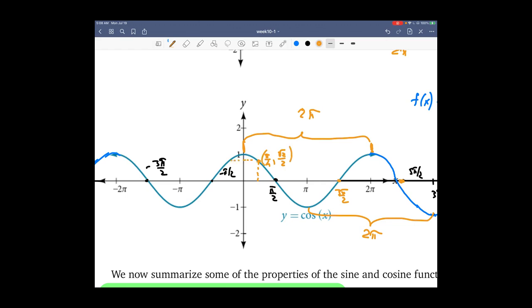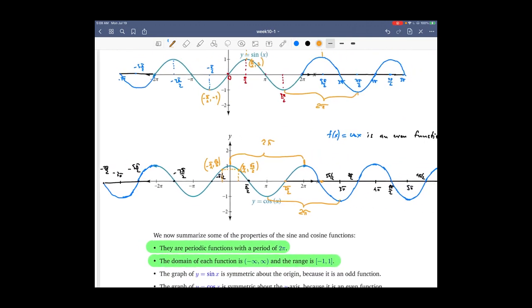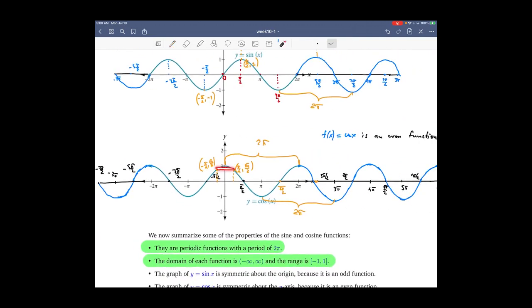And this point has coordinates negative pi over 4, root 2 over 2. These are symmetric about the y-axis. Much like these 2 points, and these 2 points: 2 pi, 1, and negative 2 pi, 1.